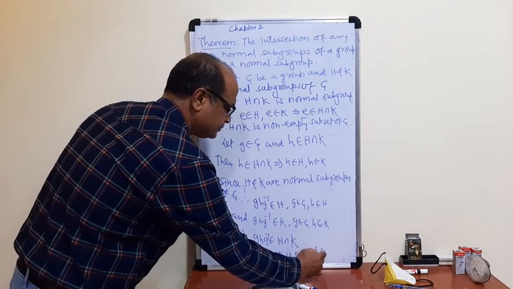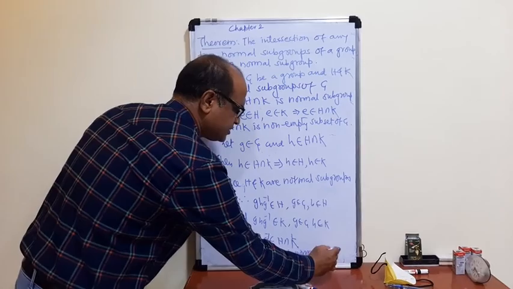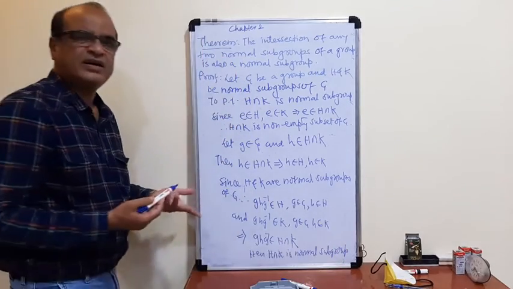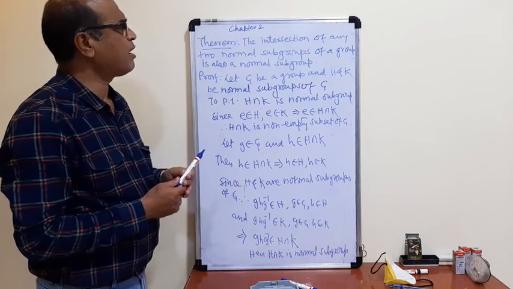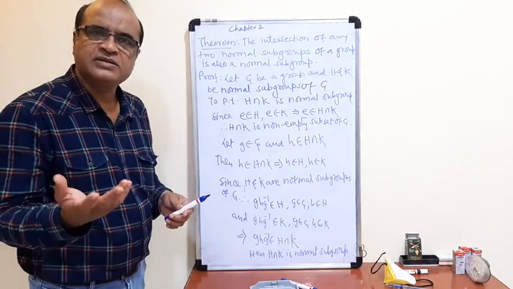This is a very simple proof: the intersection of any two normal subgroups of a group is also a normal subgroup. We stop here.